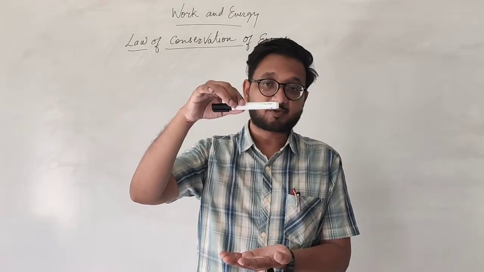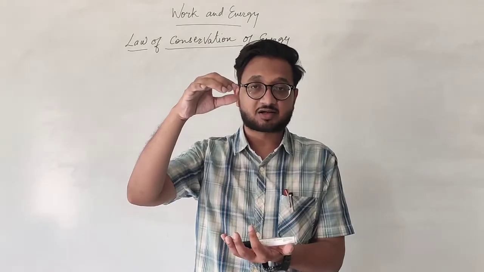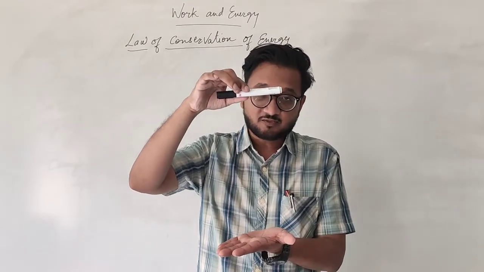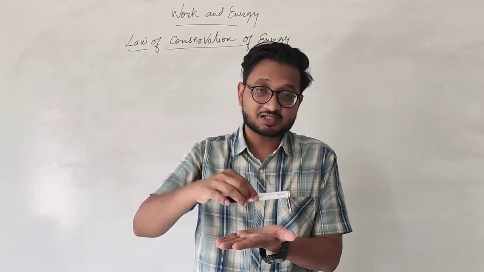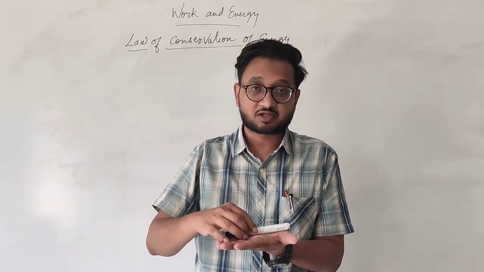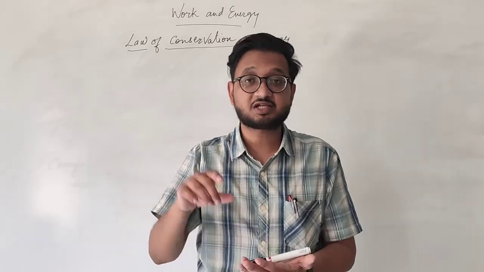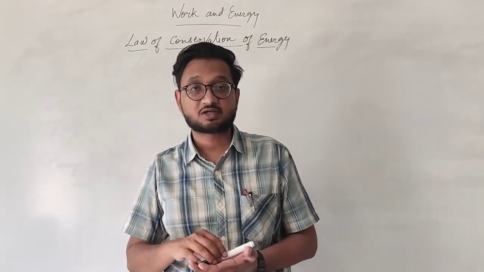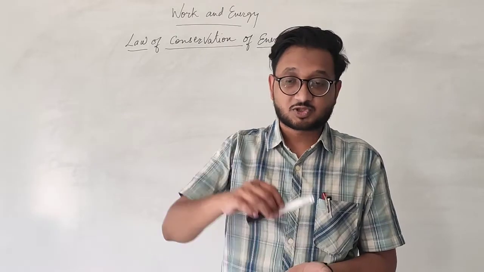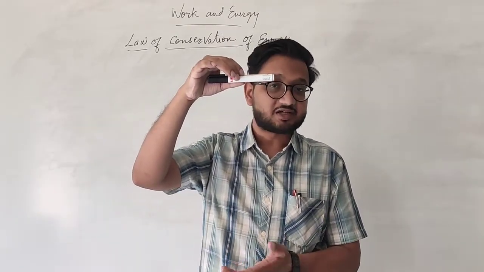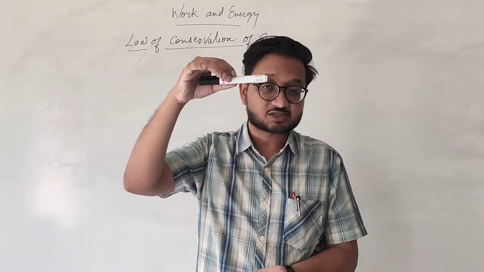Okay? Another simple one is that when I release the marker, the potential energy inside it was converted into kinetic energy, and when it fell on the ground, it had maximum kinetic energy and potential energy was 0. So at this point potential energy was maximum, but its kinetic energy was 0 because the object is not moving.